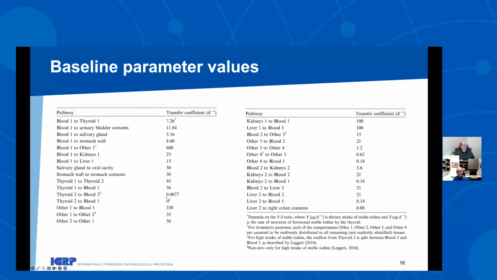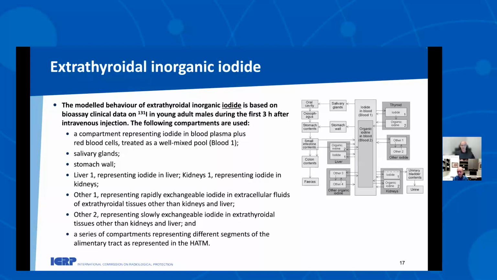Another important parameter to look at is this value, which is somehow an effective characteristic time, or you could calculate it as an effective biological half-life of iodine in the thyroid; it's actually hundreds of days. This is important: if you look at the kinetics of iodine 131, you will realize that iodine 131 physical decay is really dominating. So it's really one of the most important factors rather than the biokinetics itself.